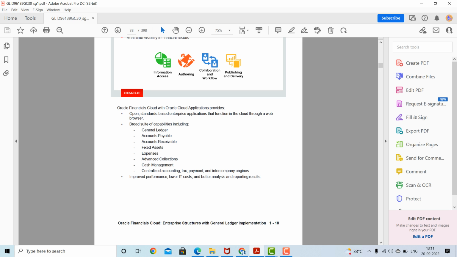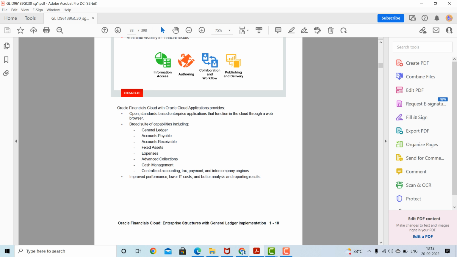Oracle Financials Cloud, with the Oracle Cloud application, provides open standard based enterprise applications that function in the cloud through a web browser, with a broad suite of capabilities including general ledger, accounts payable, accounts receivable, fixed assets, expenses, advanced collections, cash management, centralized accounting, tax payment, and intercompany engines.